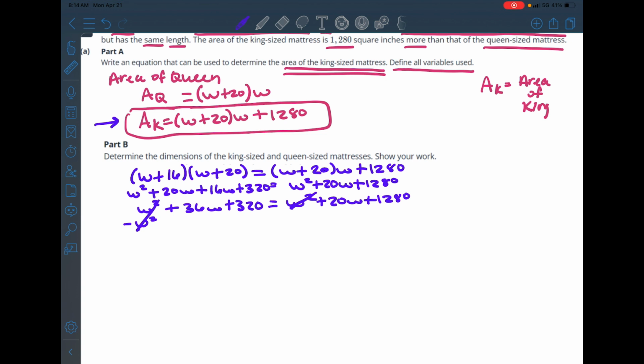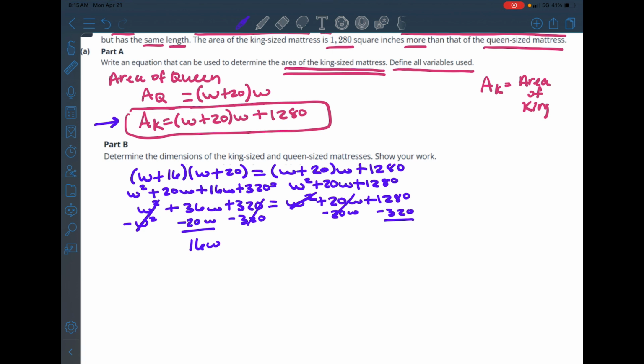So now I'm going to take this 20W and subtract it over here. That goes away, and I get 16W. And then I'm going to subtract 320 from this side over here. So that goes away.